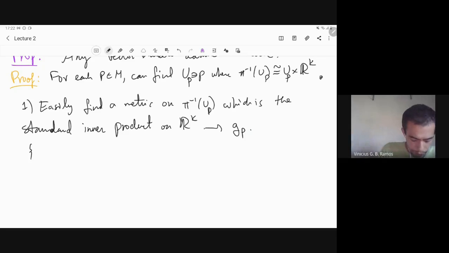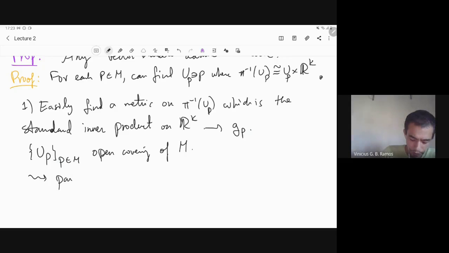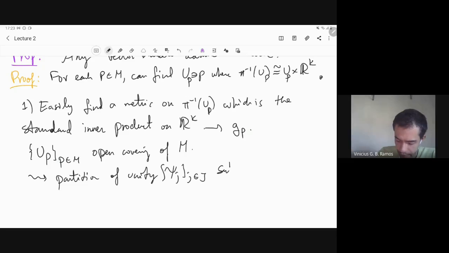So of course, if you take U_p for p in M, this is an open covering of M. So now we can find a partition of unity psi_j subordinate to this open covering.